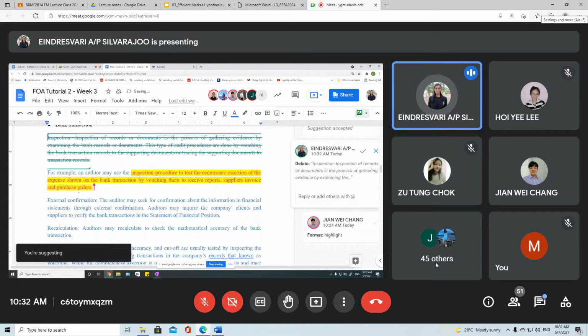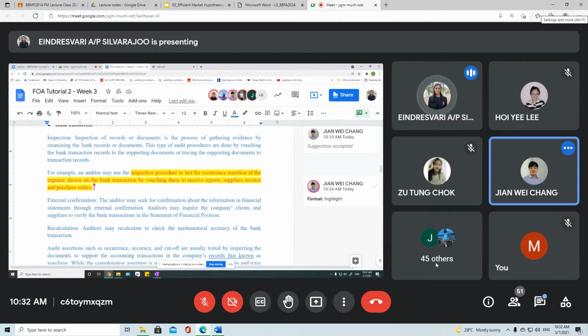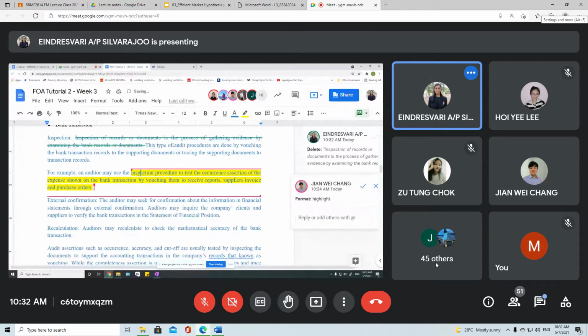That's why I must read the question carefully. So your first one here is all definition, right? Or is there a procedure here? We thought this one is the procedure. Yeah, inspection of records and process of gathering evidence, examining. This is definition.